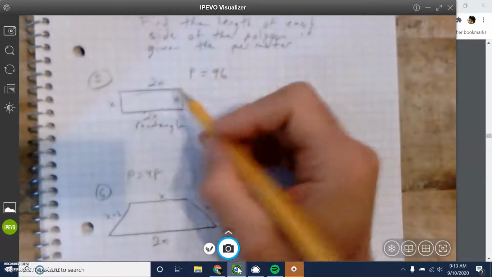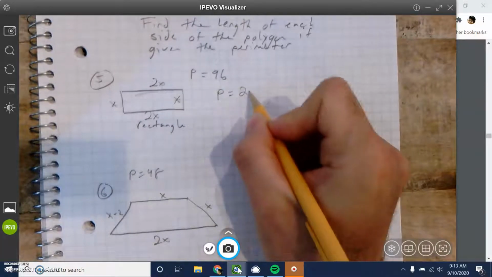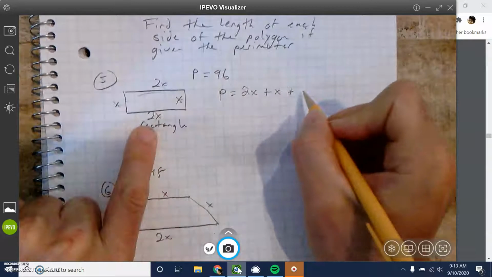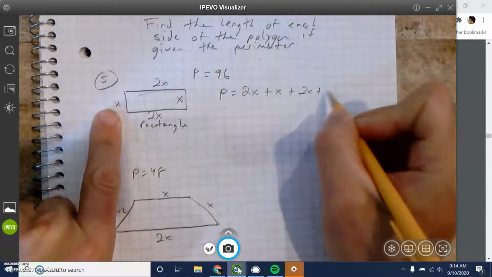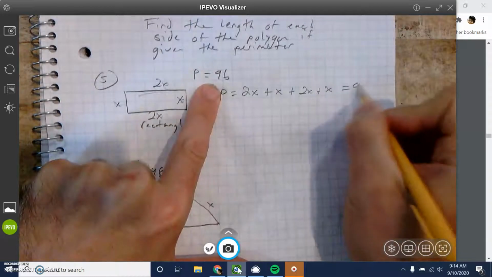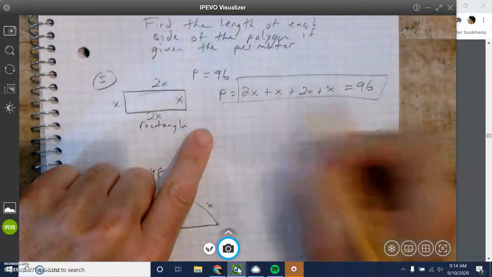So what does this mean? Well, the perimeter is going to be 2x plus x plus 2x plus x. And the perimeter it already gives me is 96. So I'm going to solve this equation for x.